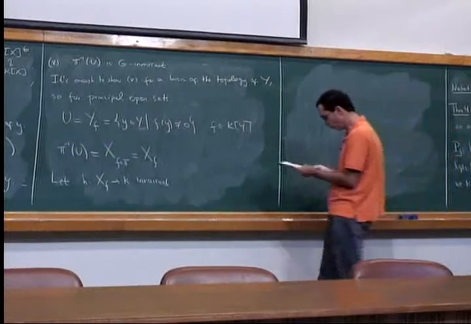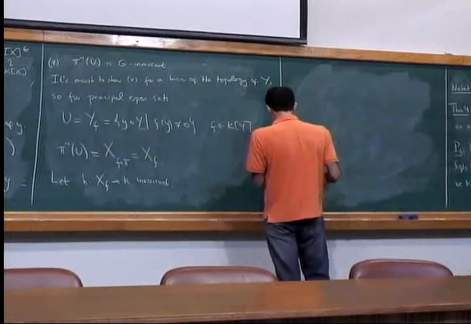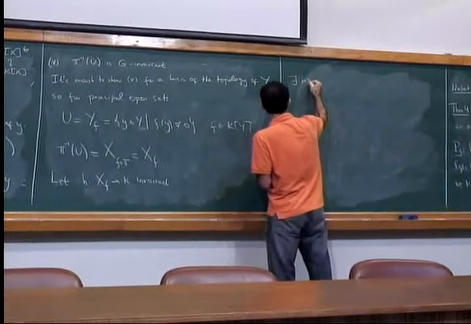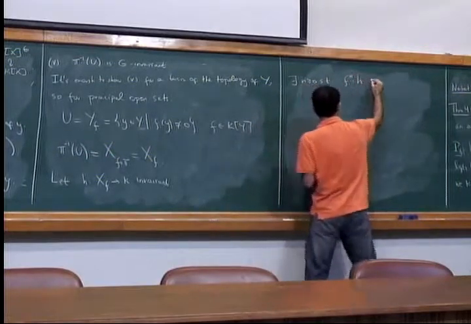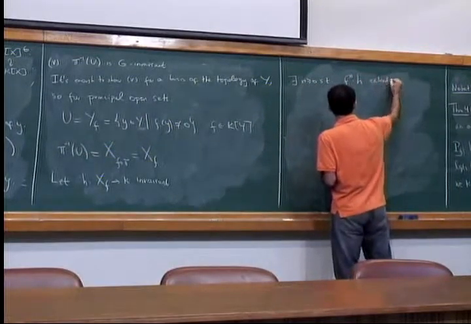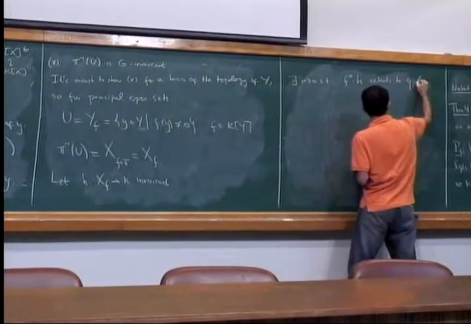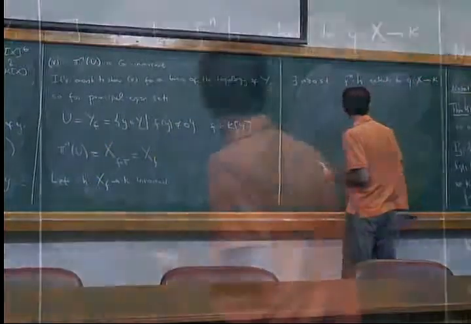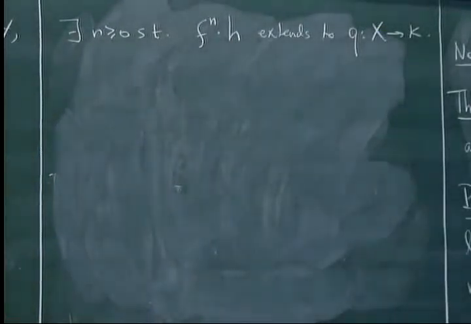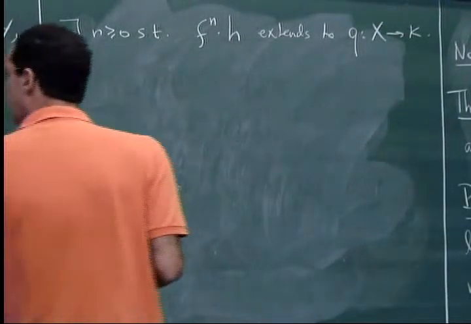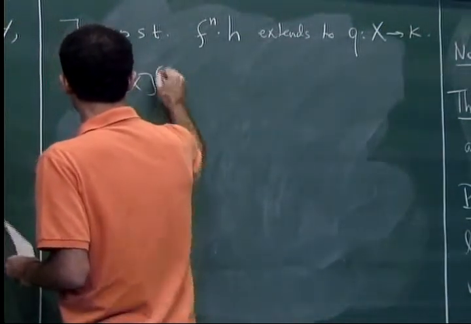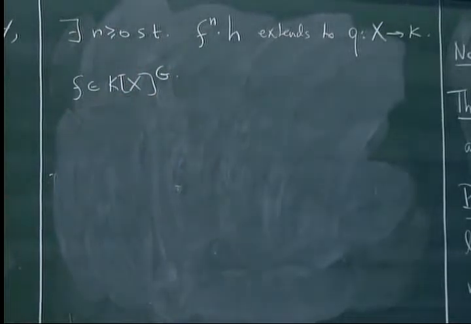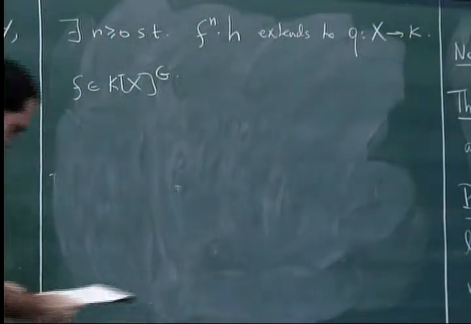Well, since it's a principal open set, there is an integer n such that F^n times H extends to a global function, say Q, on X. Now, F is invariant, because it's on Y, so it's an invariant function.